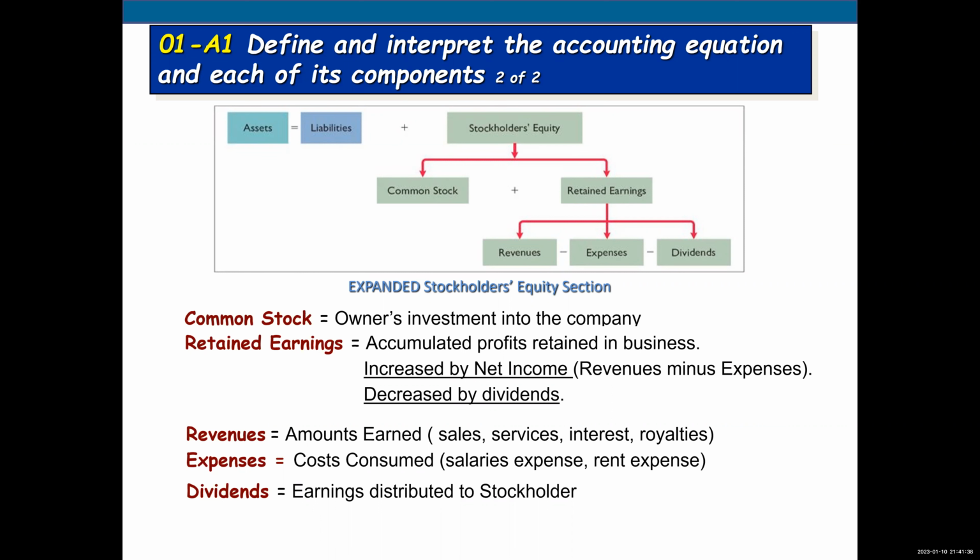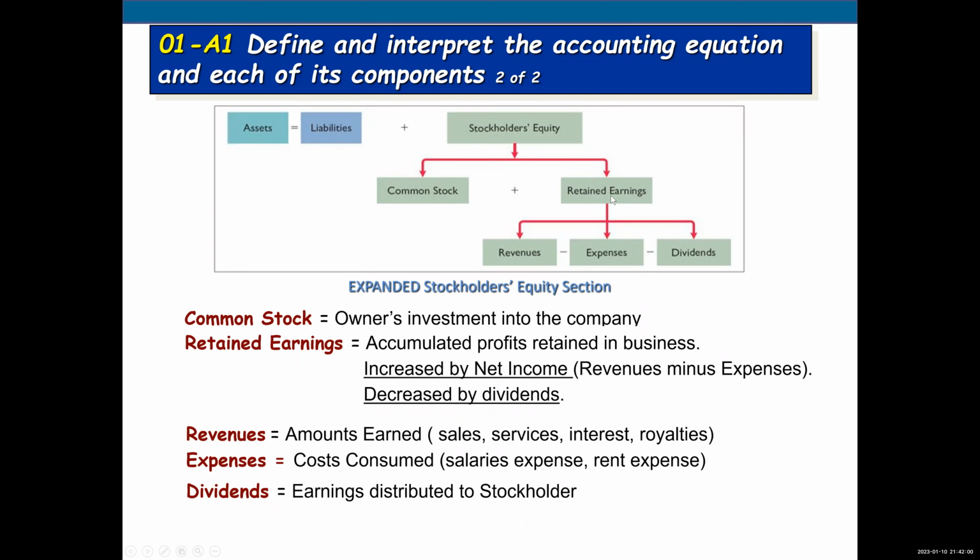Every business is going to have expenses, and to get our profit, we have to match our expenses against the revenue. So revenues and expenses give us our profit, and that goes into retained earnings.